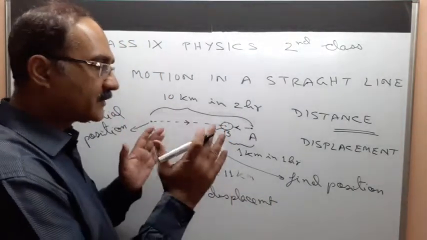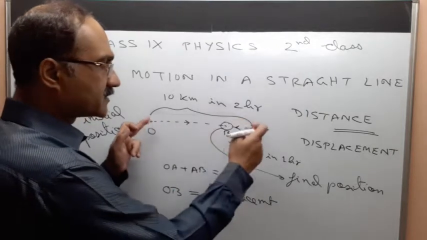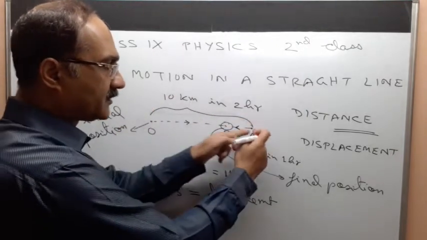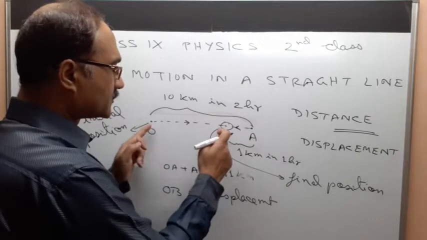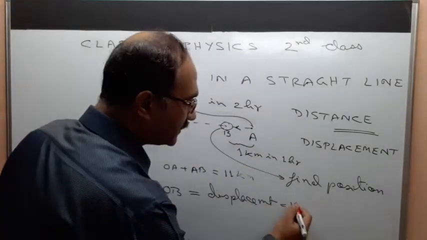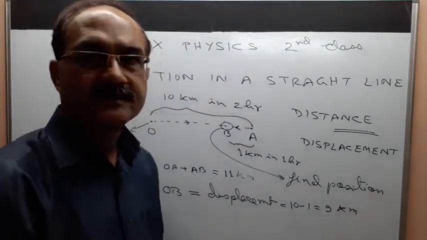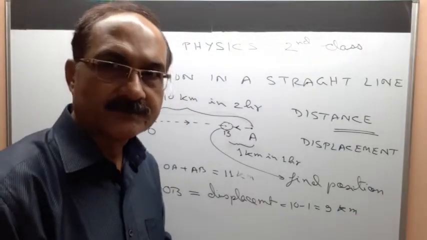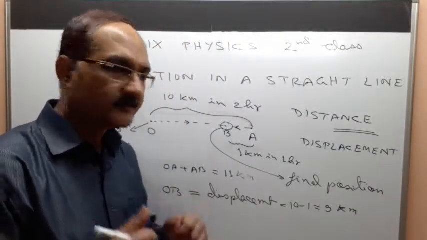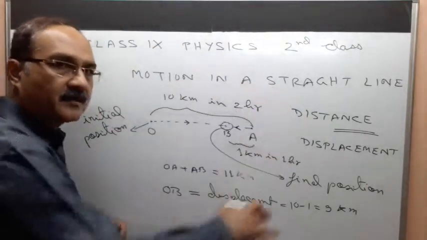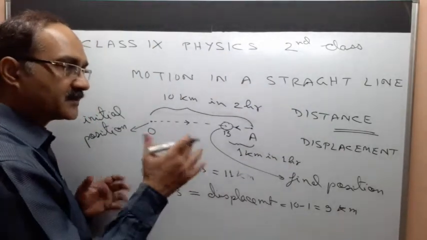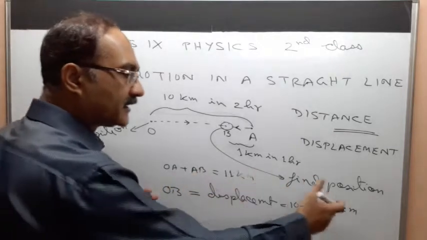Now how much is OB? From here to here, this is 10 kilometers. From here to here, this is 1 kilometer. So this will be 10 minus 1, that is 9 kilometers. Understood? Okay. So in this example, the displacement of the body will be 9 kilometers.